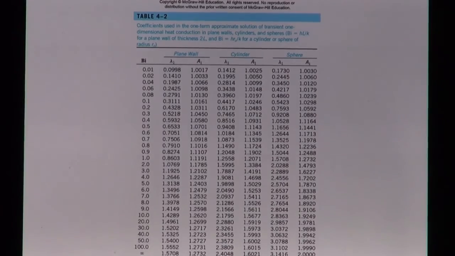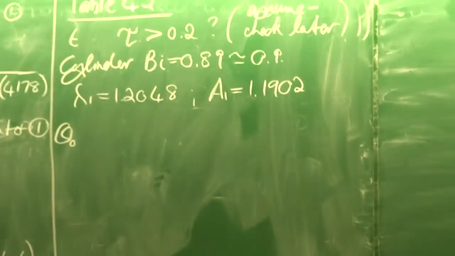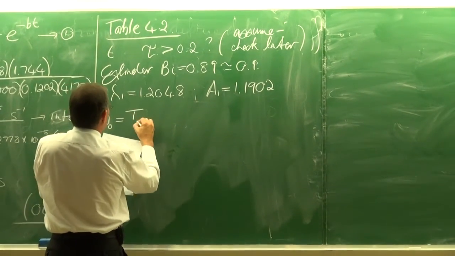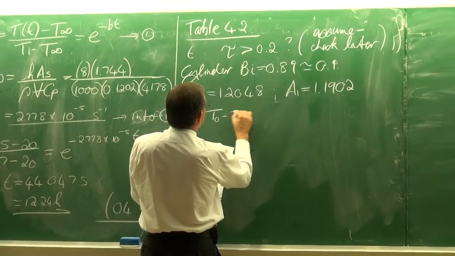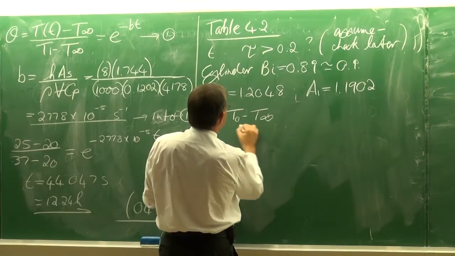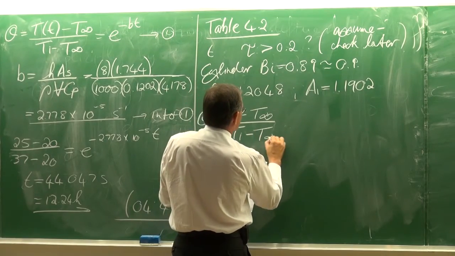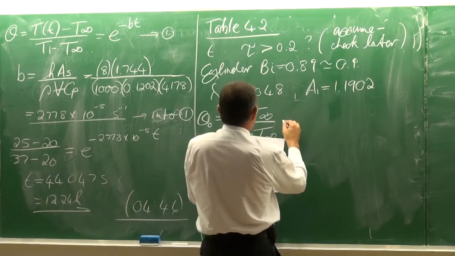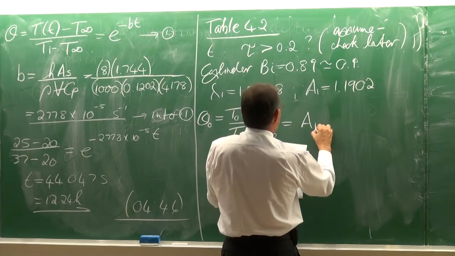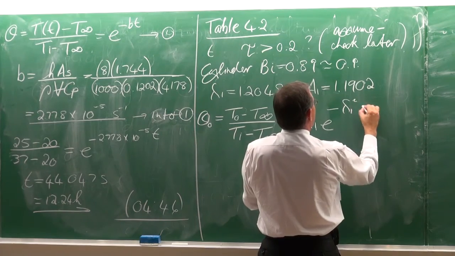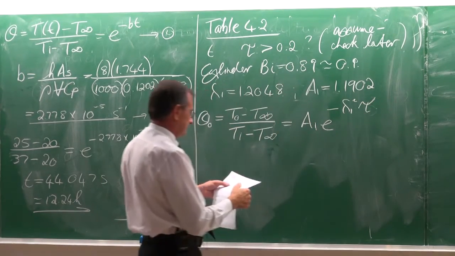Now for a cylinder where we need the temperature in the center, theta 0, the equation that has been derived is: the temperature at 0 minus T infinite, over the initial temperature minus T infinite, is equal to A1 e to the minus lambda 1 square multiplied by tau.